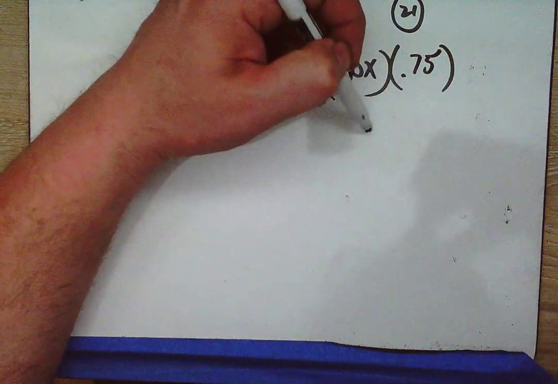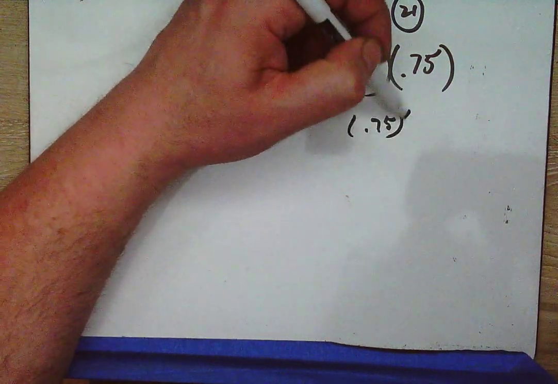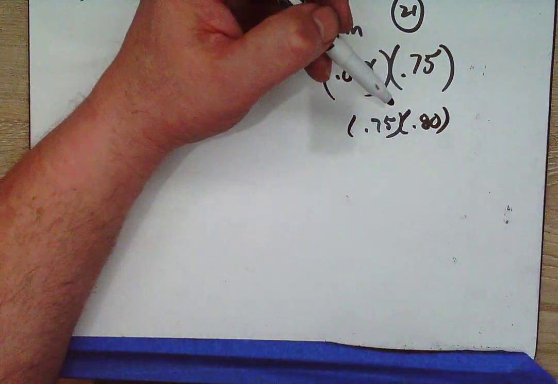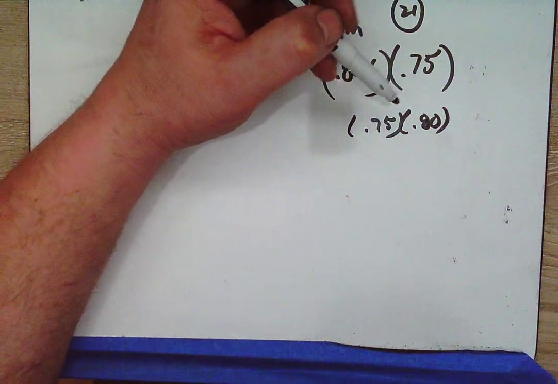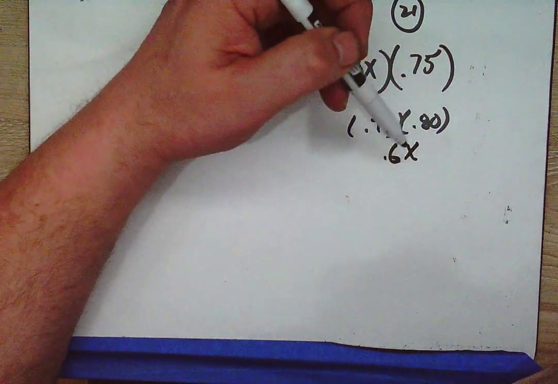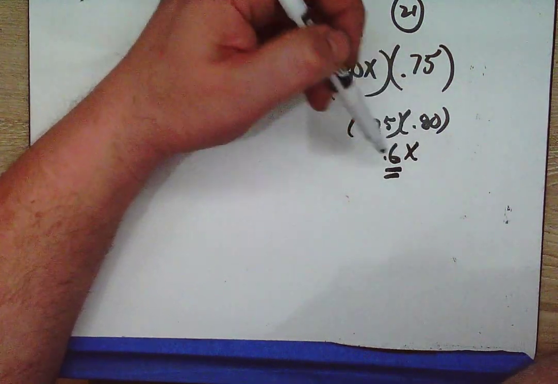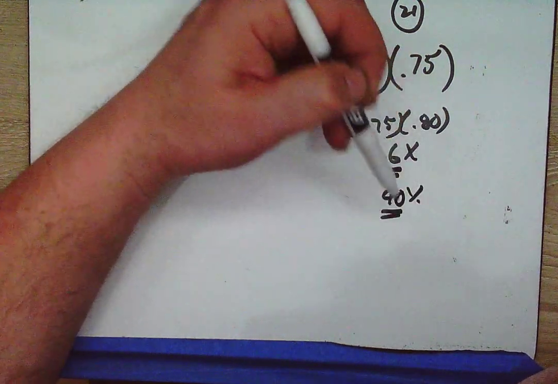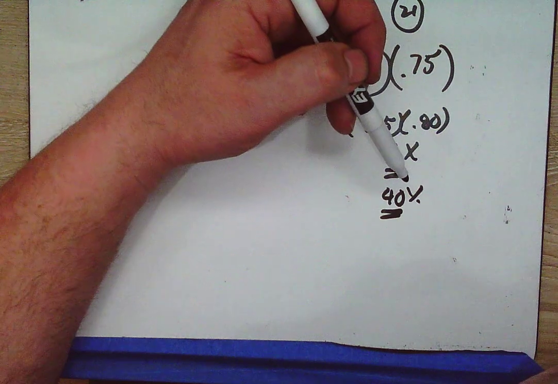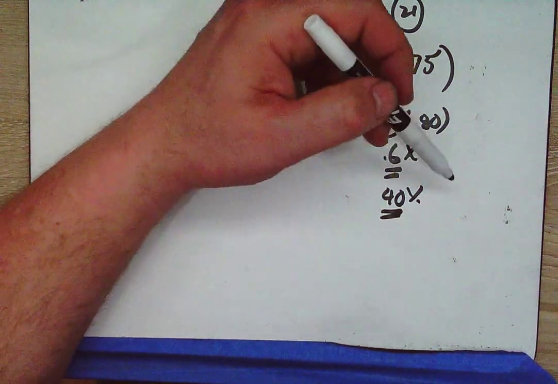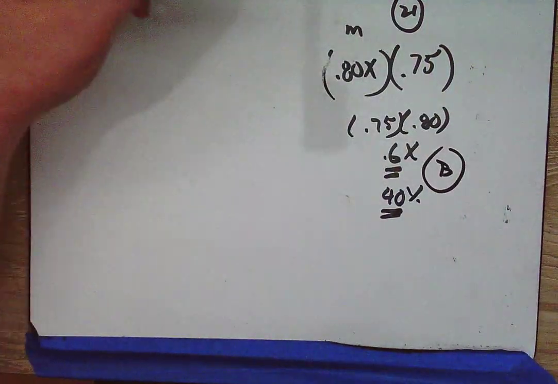So if I multiply 0.75 times 0.80, I end up with 0.6x. Now that meant I paid 60% of the original price, which meant I had a total of 40% off based on the Monday and Tuesday discounts. And so B would be my answer to 21.